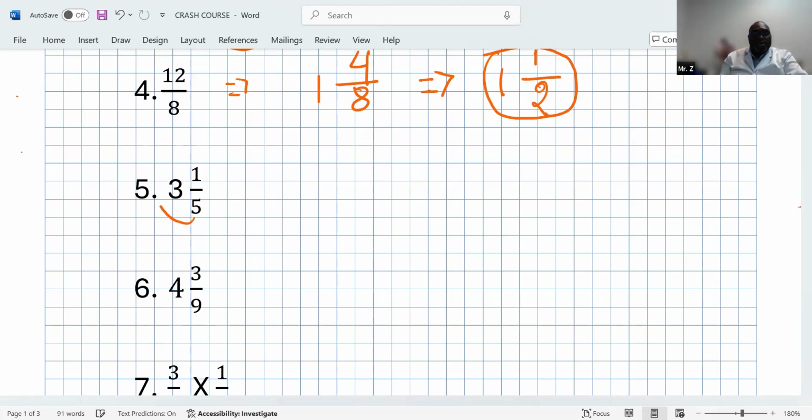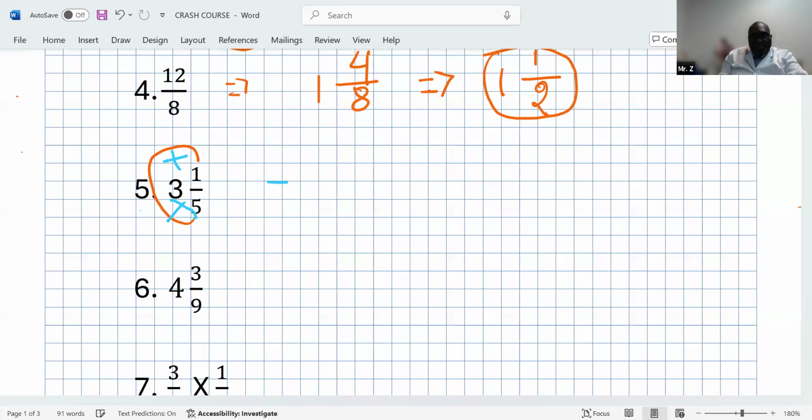We do what we call a C method. It means between the 3 and the 5, you will multiply. Okay, between the 3 and 5, you will multiply. Whatever answer you get, you will add that one to 1. Did you hear that? So we're going to do 3 times 5 plus 1.